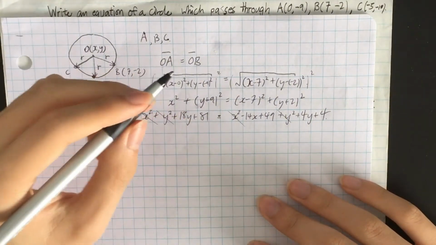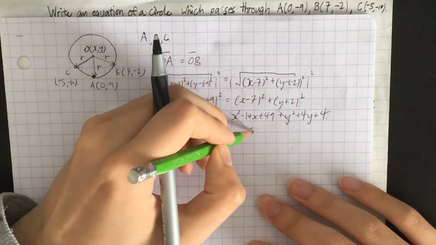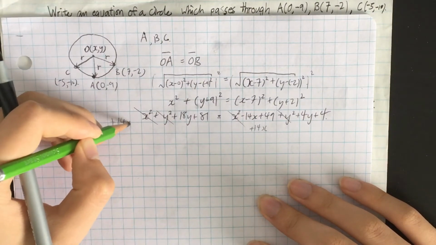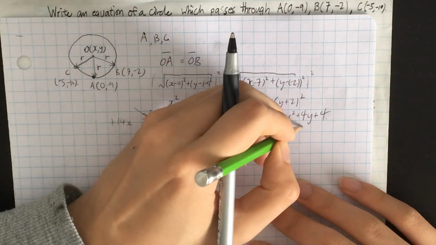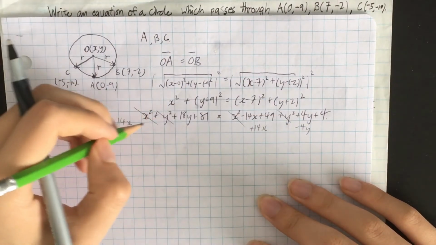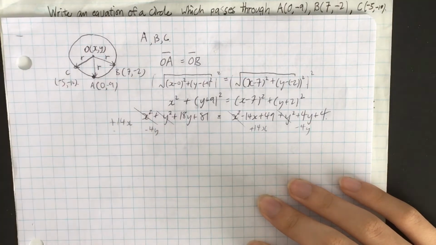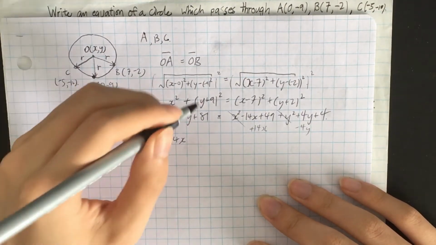So we're going to add 14x to both sides and also subtract to get everything on one side. We're going to subtract 4y here, and I'm just going to show it. So 14x.